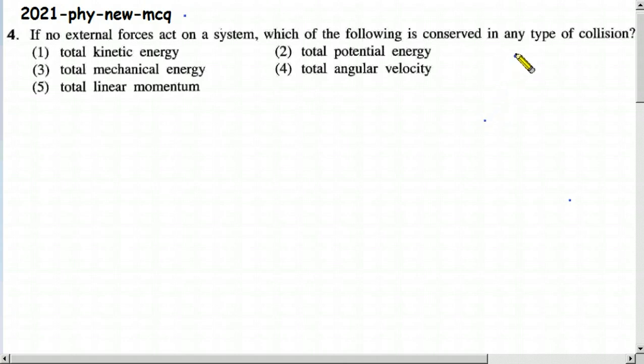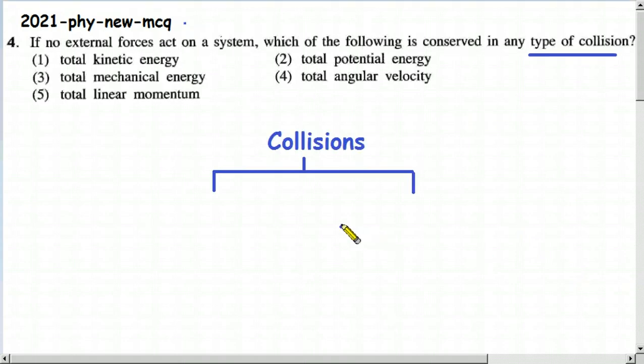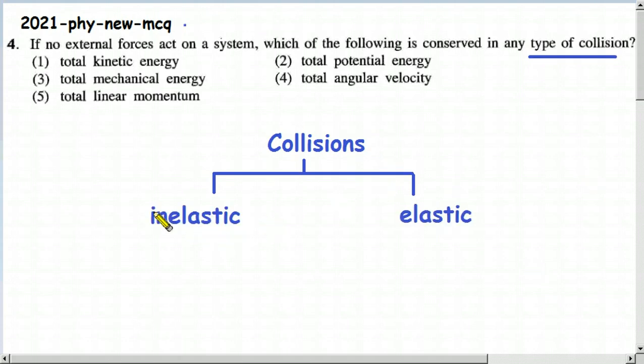So in this question they say any type of collision. That means there must be several types of collisions. So if we consider what these collisions can be divided into two categories. One is called inelastic collisions and the other is called elastic collisions.